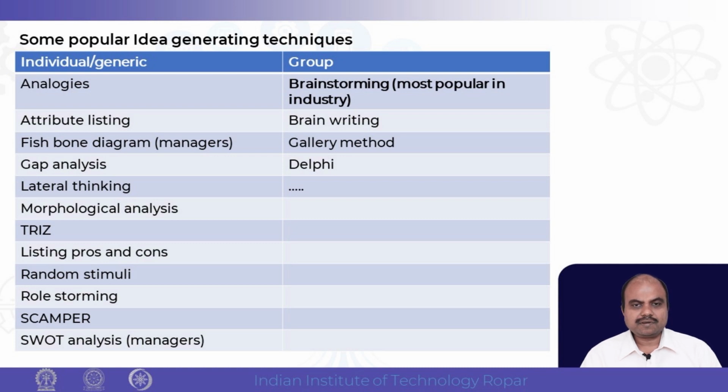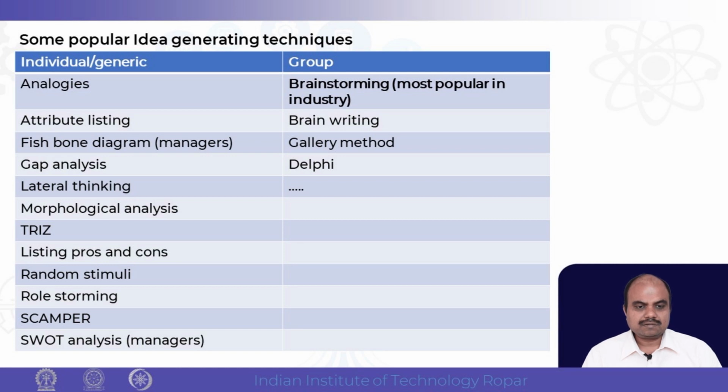However, it is not suitable for all, and it is very difficult to predict what kind of solution we are going to find, so a lot of research is being done in this area. Role storming is where you imagine somebody in a role, such as a customer, and then you find a solution.